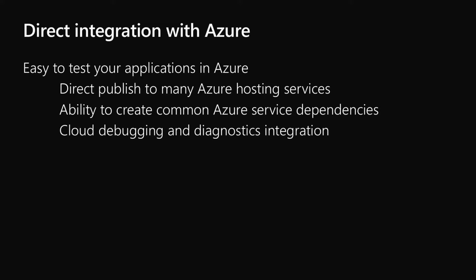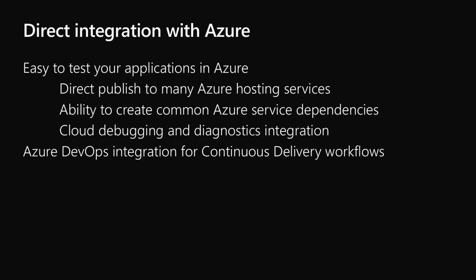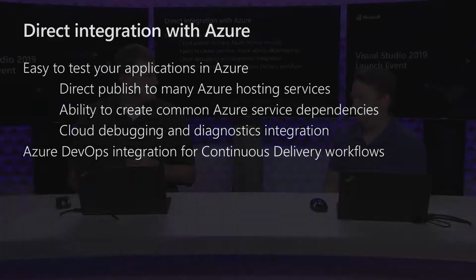We also have some really great diagnostics integration that I think you're going to show us in one minute. And the last thing that I didn't show, but it's worth mentioning, is we have really great interaction with Azure DevOps. So if you want to set up CI/CD pipelines, use Azure DevOps to actually deploy and build as part of a continuous delivery, continuous integration workflow, that's all just native in Visual Studio as well.